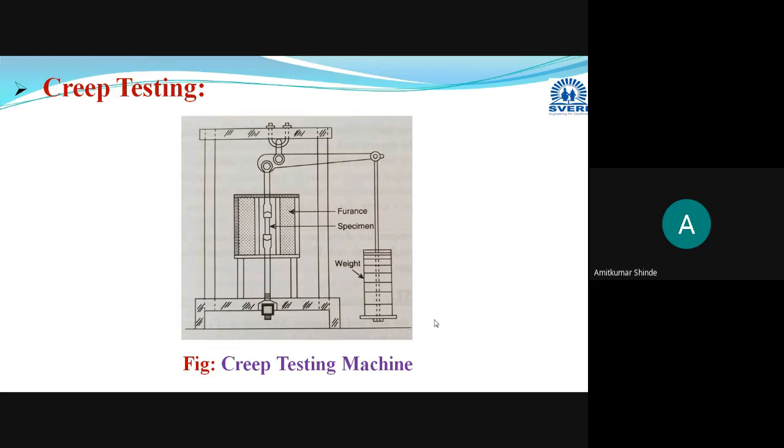Okay, now the first condition we are going to use is the constant temperature and the constant stress value. Whichever temperature we use in this test will depend on the melting point of that particular metal under test. For that melting point, we take our experiment temperature as 0.4 times the melting point of that particular metal.